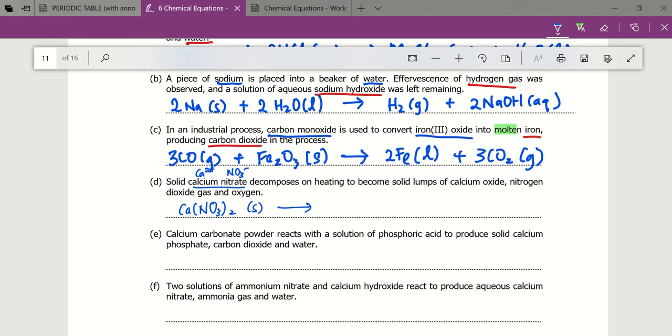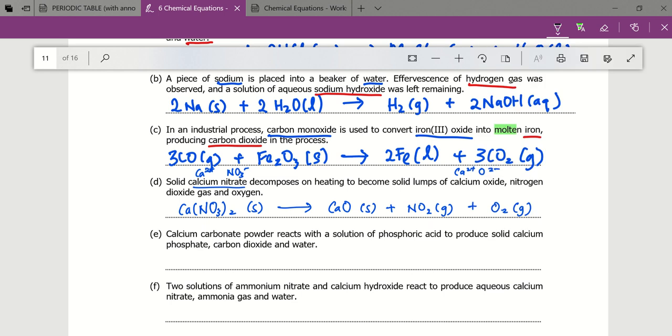Decomposes on heating, a thermal decomposition reaction, and I get calcium oxide from Ca2+ and O2-. This is solid lumps, plus nitrogen dioxide, with the prefix, covalent compound, plus oxygen gas, O2, diatomic molecule. Okay, so let's start with the most complicated formula, Ca(NO3)2.